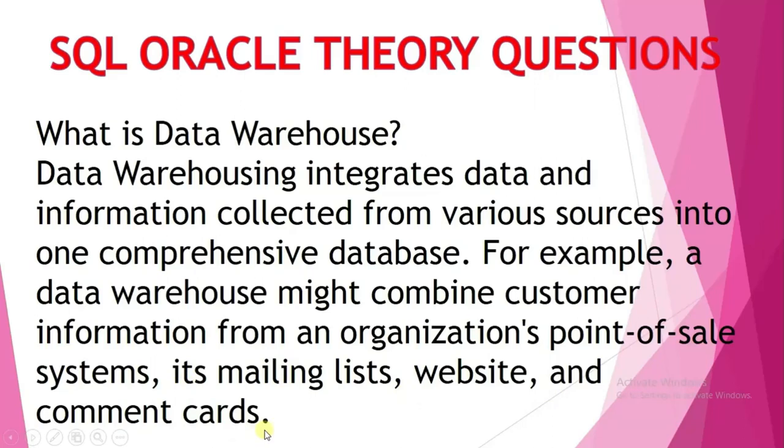So it extracts the data from various sources. Data may be of different types of sources: XML files, CSV files, PDF, Word, text. All the data which is integrated and collected in some repository, or you can say a place where we can store the historical data for business analysis purposes. That is what is called a data warehouse.